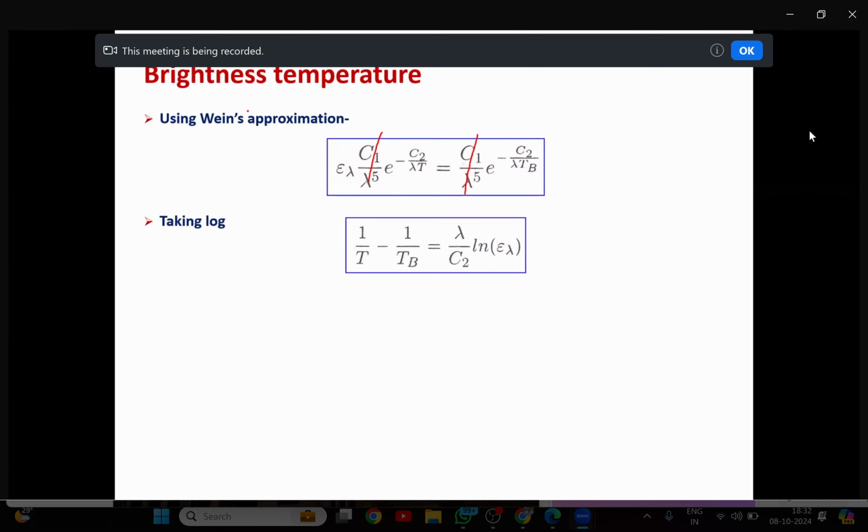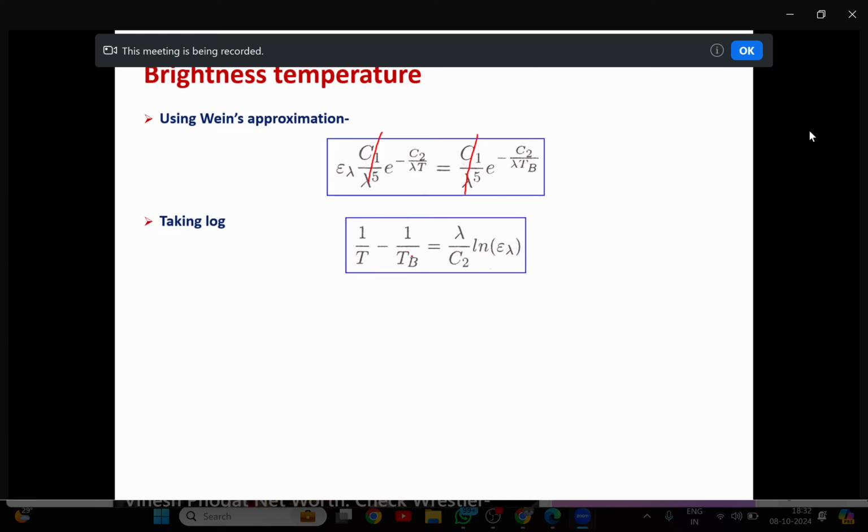And if you take the logarithm on both sides, you can show that, first, log of A into B is log A plus log B. Then log of e to the power something will be just that exponent into log e, which is basically 1.